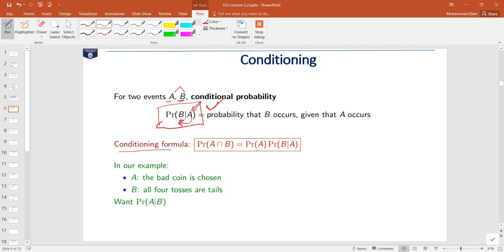For that, we can use a formula like this: probability of A and B will be equal to probability of A, and then whenever A happens, what is the probability that B also happens together?